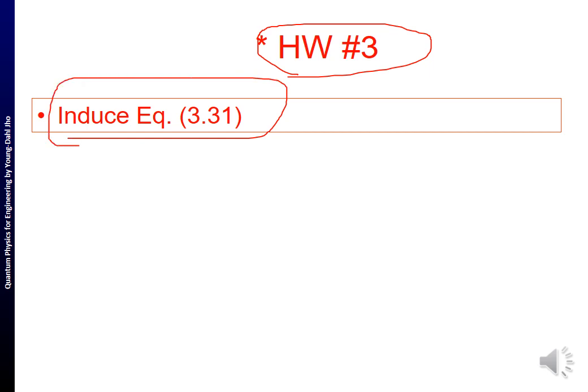Derive equation 3.31, and next week we will consider the tunneling problem, but the midterm examination will only include up to this point, particles in a periodic potential. So even though we will study the tunneling problem, it will be excluded from the midterm examination. Okay, that's it for today.